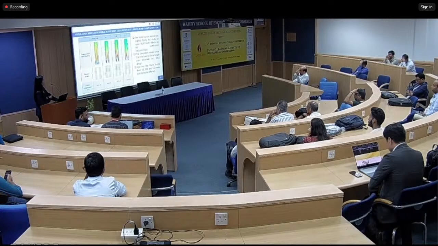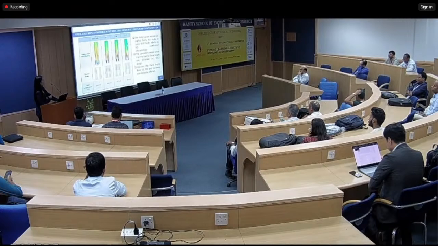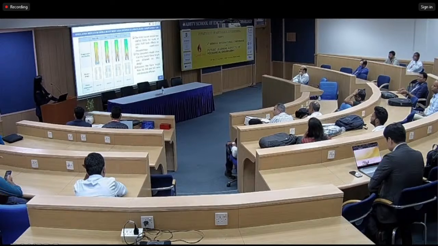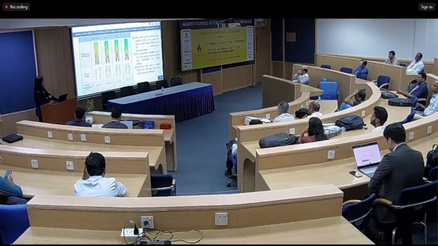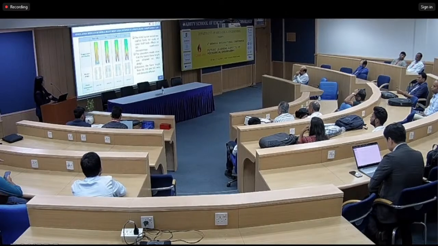So this is the result of the simulation. First of all, we need to know the flame temperature and also the flame characteristic. Firstly, the temperature distribution or the flame characteristic between S8, S10, and S12. For the three models, we see the flame length of the S12, the last one, is a little bit shorter compared to S10 and S8.